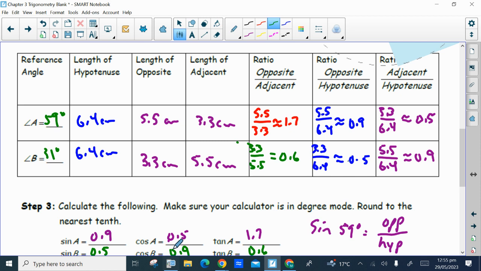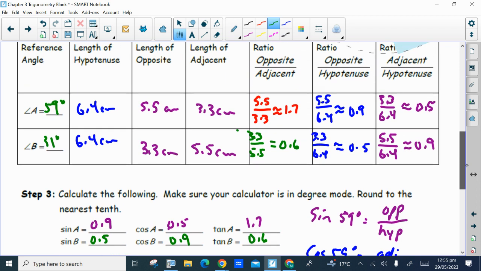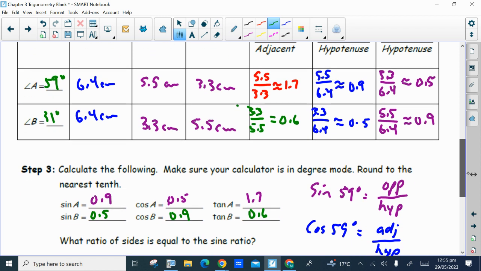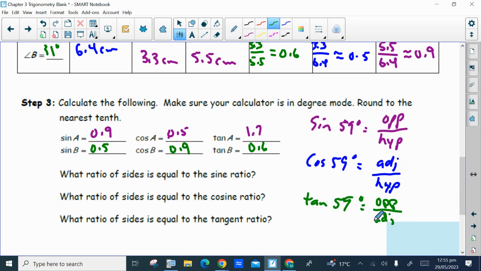The 0.9 that came from the cosine, well, in this row, there's your 0.9, and that's the ratio of adjacent over hypotenuse, which is the same thing we got for 59 degrees. The cosine of 59 was also adjacent over hypotenuse. And the 0.6 comes from this calculation there, which is the opposite over the adjacent, and that is our tangent, opposite over adjacent. And we took the tangent of that angle to get that decimal as well.